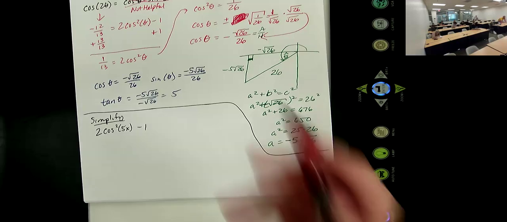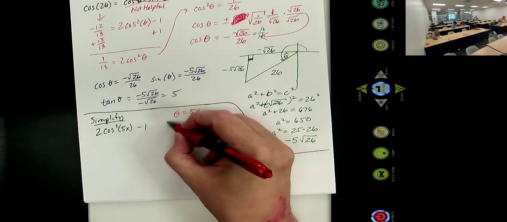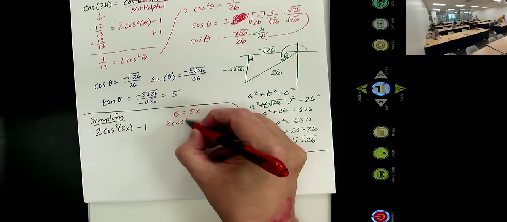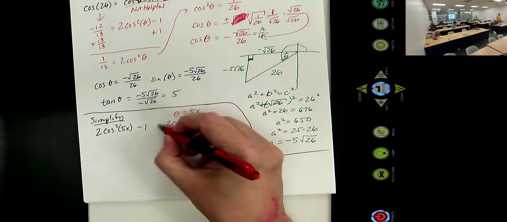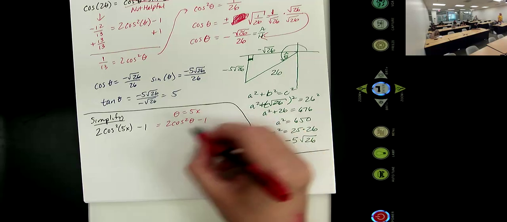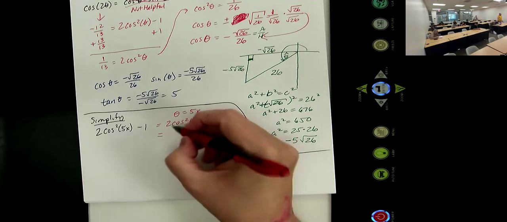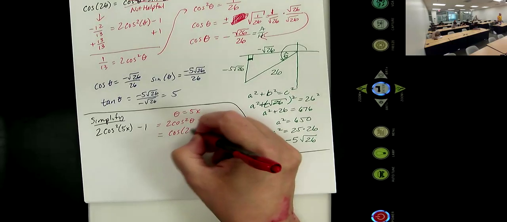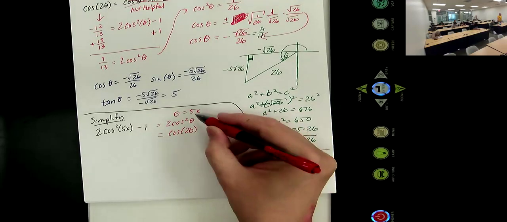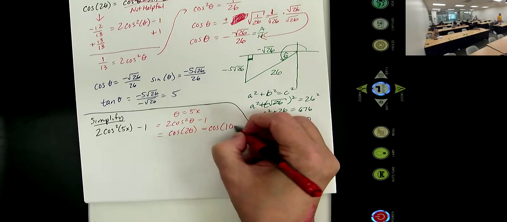So if I say theta equals 5x, this looks like 2 cosine squared theta minus 1. And what does that equal? That's cosine of 2 theta. But theta was 5x, so this is cosine of 2 times 5x, or cosine of 10x.